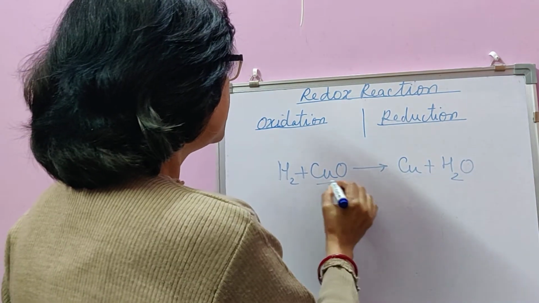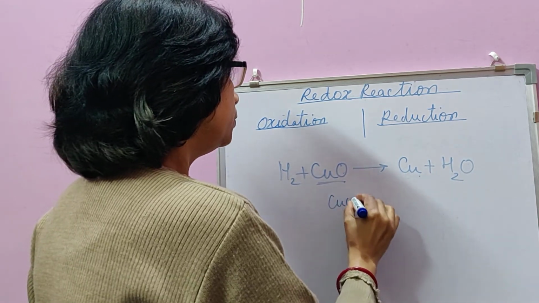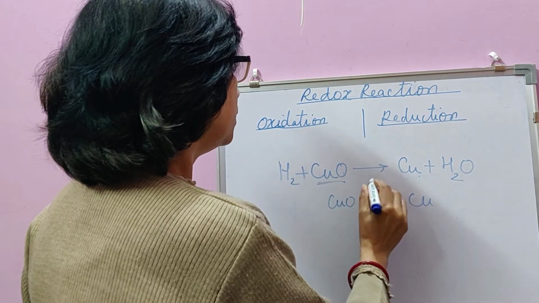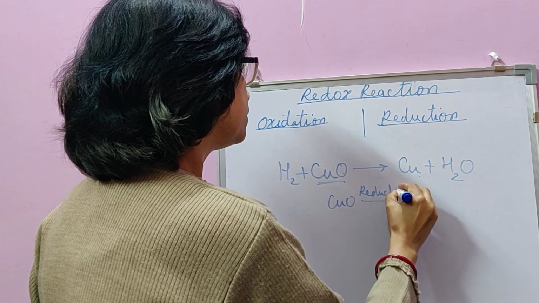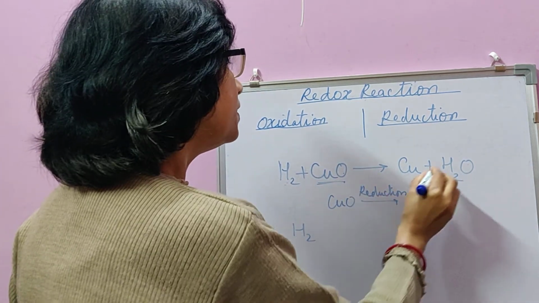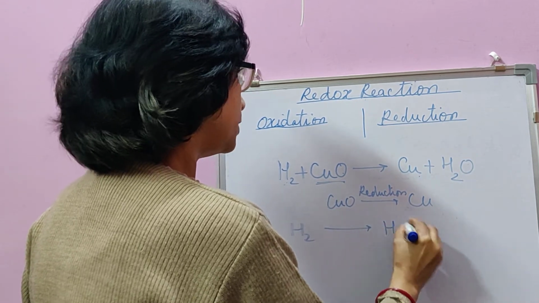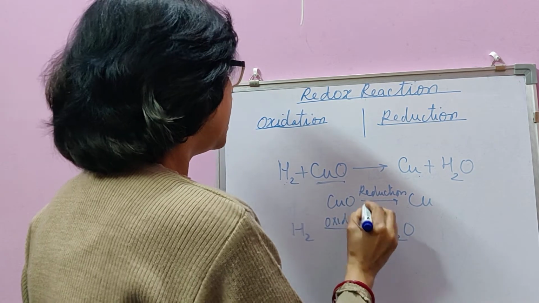In this reaction, cupric oxide loses oxygen, so CuO to Cu is reduction. But the other one, hydrogen, gains oxygen and becomes water. It means it is oxidized.